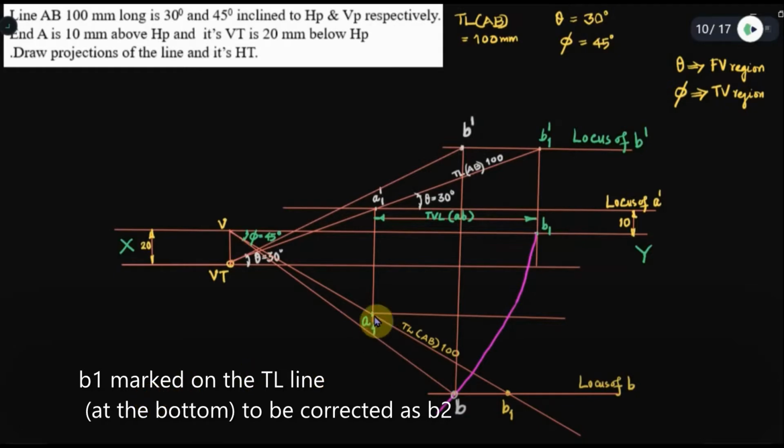So for that, what we have to do is, here we have taken reference points A1 dash and A1 and marked the true length. So with the help of that line we will do the rest. Through that, the horizontals will definitely give us A dash and A. We have marked the locus of A dash. See, it's here, I will show you locus of A dash. So A1 dash is through it. So definitely this point which I am marking over here is the original A dash.